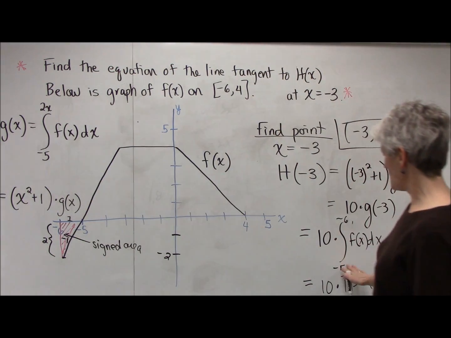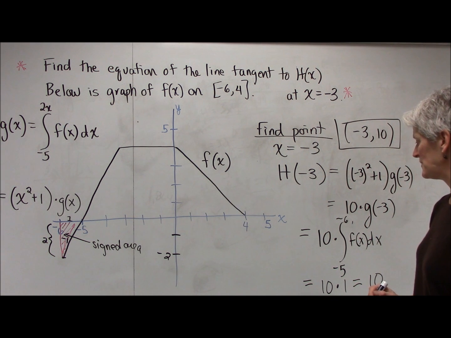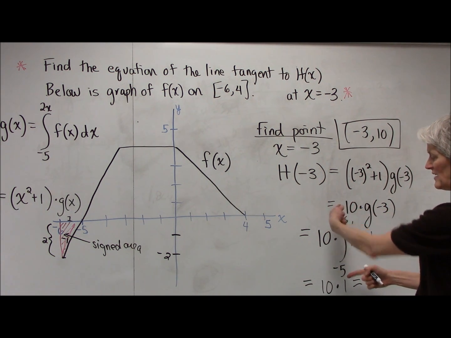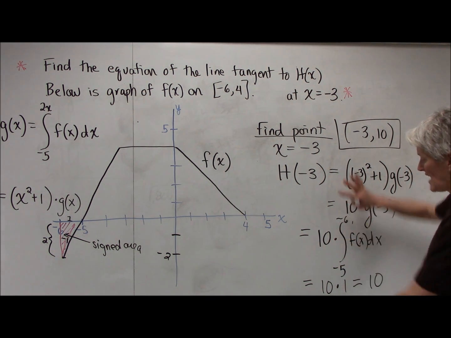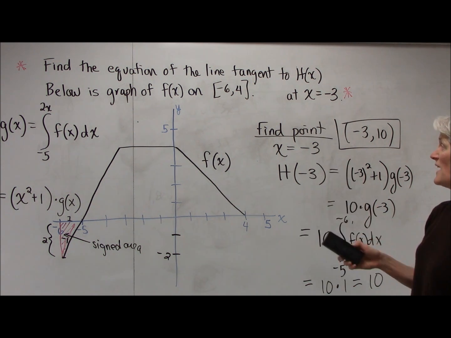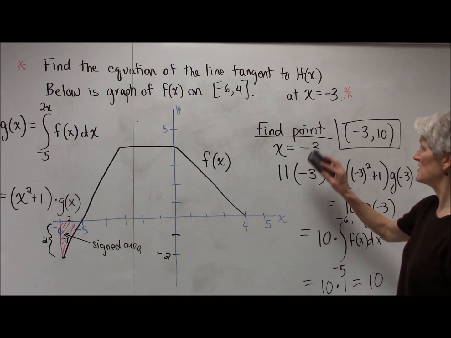But since I'm going from negative 5 back to negative 6, it's going to be the opposite. If you recall, we could have rewritten this as 10 times negative 1 times the integral from negative 6 to negative 5. All right, so far so good? So we found our point. We have negative 3, 10 is our point.